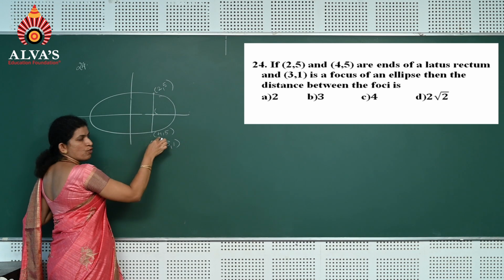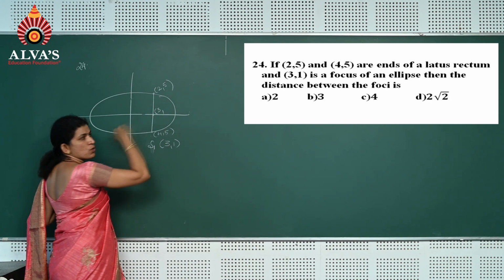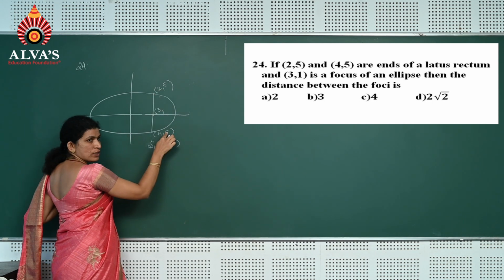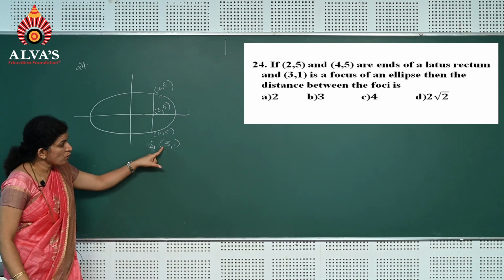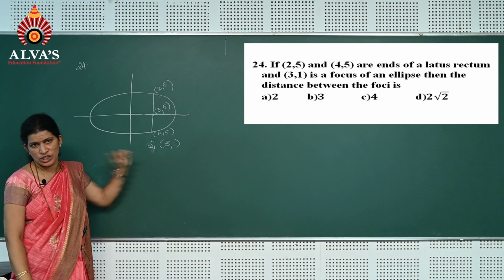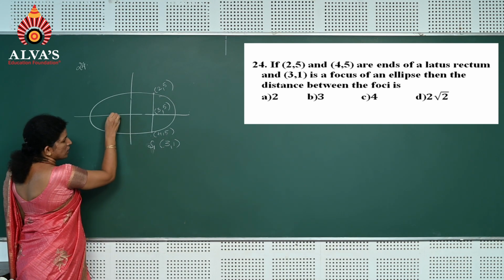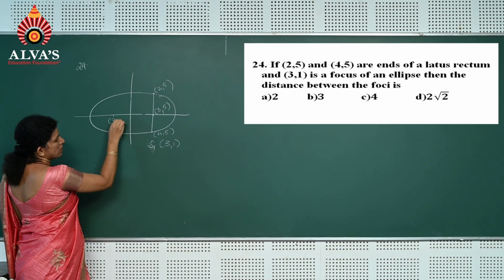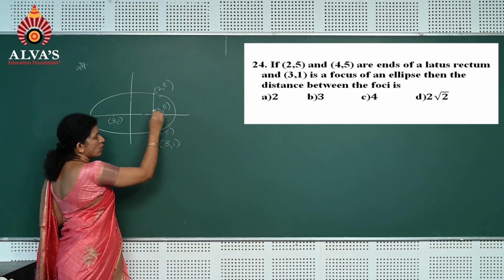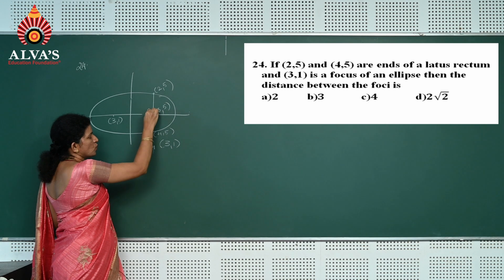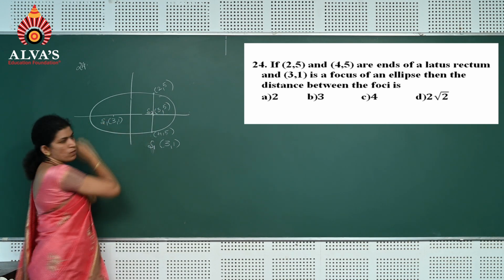That is (2 plus 4) by 2, that is 6 by 2, equal to 3, and (5 plus 5) by 2, that is 10 by 2, equal to 5. One focus is already given, (3, 1), so (3, 1) is one focus and (3, 5) is the other. This is S2 and this one is S1.